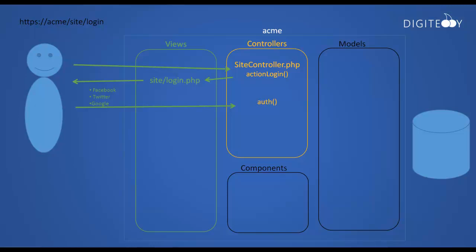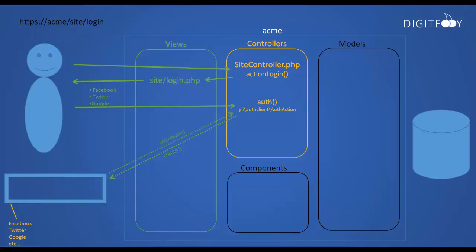So depending on what button he clicks, Facebook, Twitter or Google, this auth will call the auth action from our framework, which connects to the external service, depending on what you pressed, and will communicate with this external service using the OAuth2 protocol, exchanging several pieces of information like one-time token, redirect URLs, and so on.